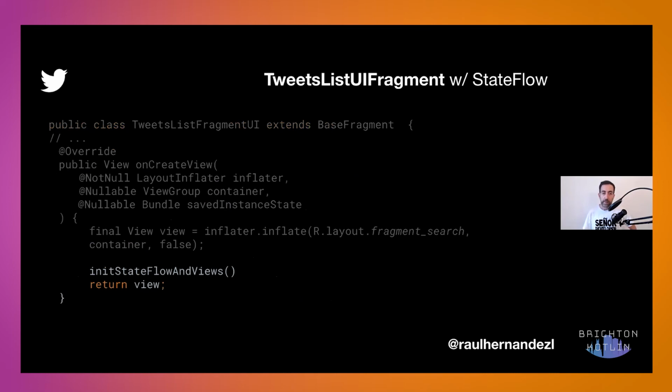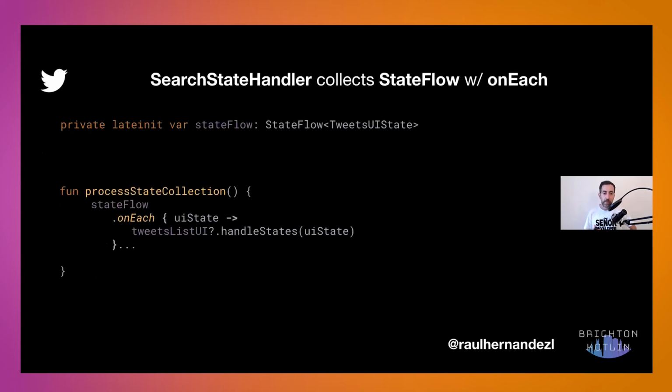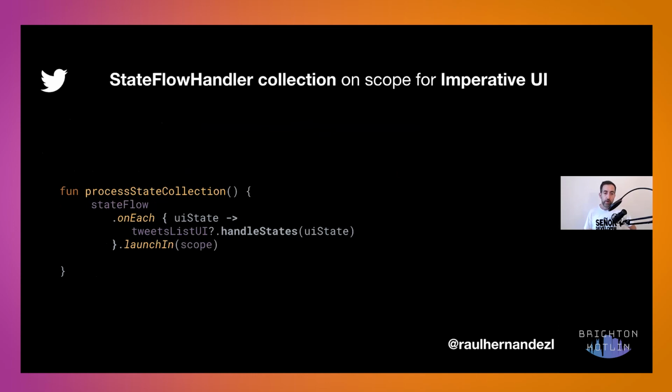And every time that I create the view, I start initializing the different flows and the views, so basically initializing this into my entity, and then collecting things by means of this state handler. Every time that there is an iteration in my flow, that means the state flow, I'm going to handle the UI states for me to render anything that is valuable for me, of course, inside a scope because we need to collect it. That's why we need a Kotlin file.